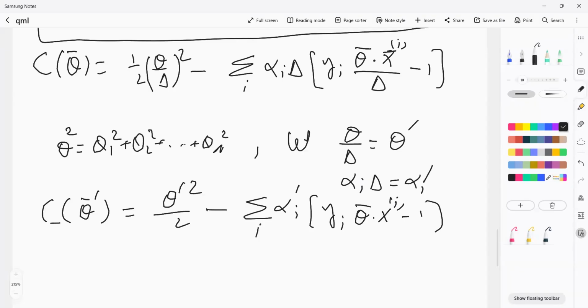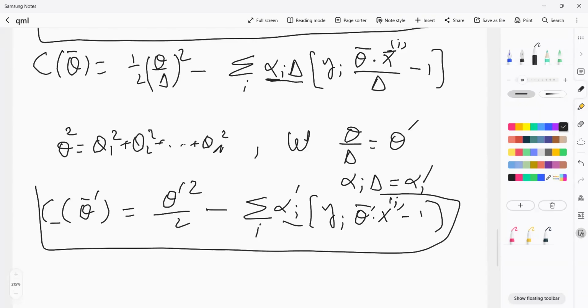So this is essentially rescaling our parameters. Okay. And since these are Lagrange constants that we have to find anyway, instead of finding lambda i and delta separately, we can find lambda i over delta, because they are just appearing in a product. So this is the form of the cost function that you will mostly see in the literature.